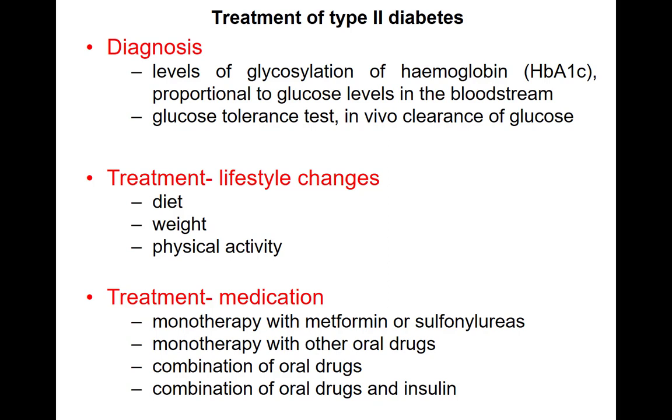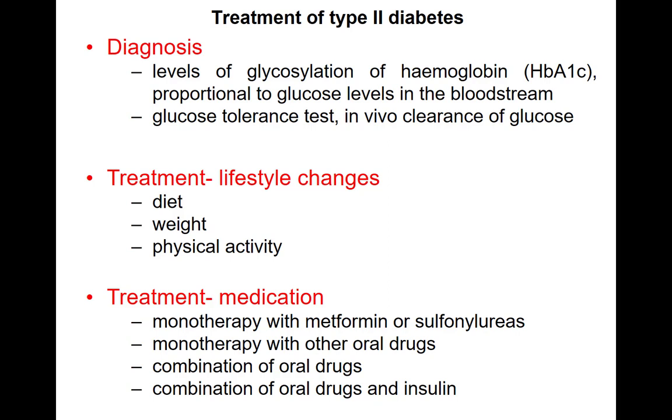First-line therapy around the world is monotherapy with metformin, and we'll cover what this drug does in more detail in a minute. And if that's not working well enough, then you can have monotherapy with other classes of antidiabetic drugs, like the sulfonylureas or other drugs that are administered orally.